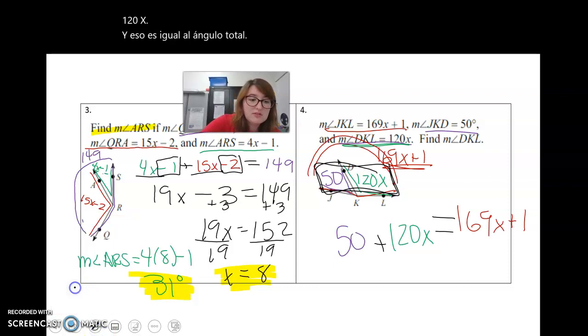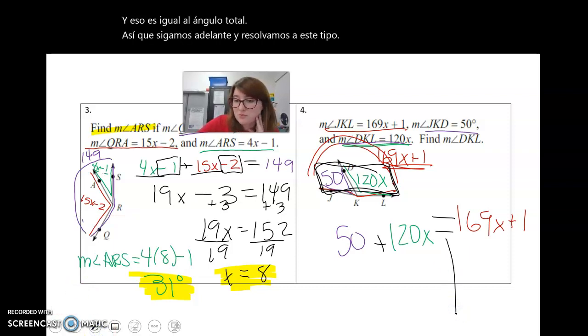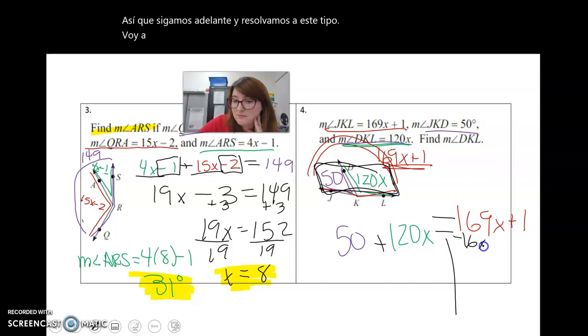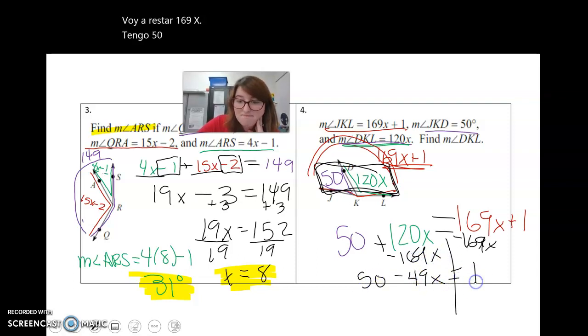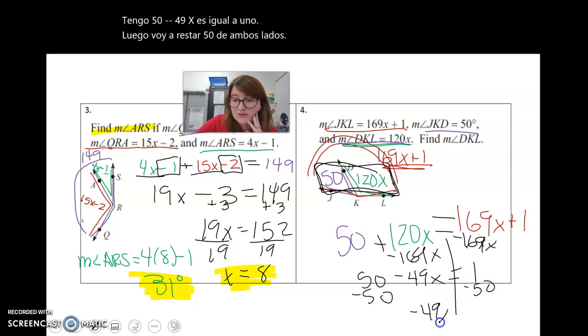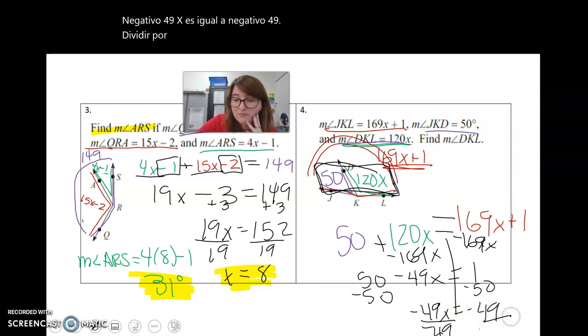So let's go ahead and solve this out. I'm going to subtract 169x. I have 50 minus 49x equals 1. Then I'm going to subtract 50 from both sides. Negative 49x equals negative 49. Divide by negative 49, and we get x equals 1.